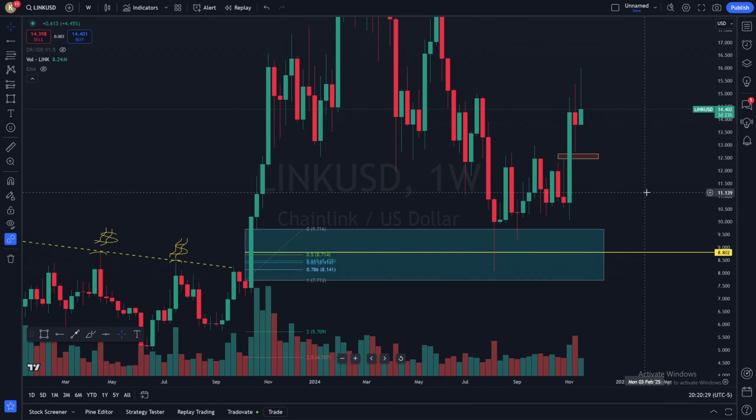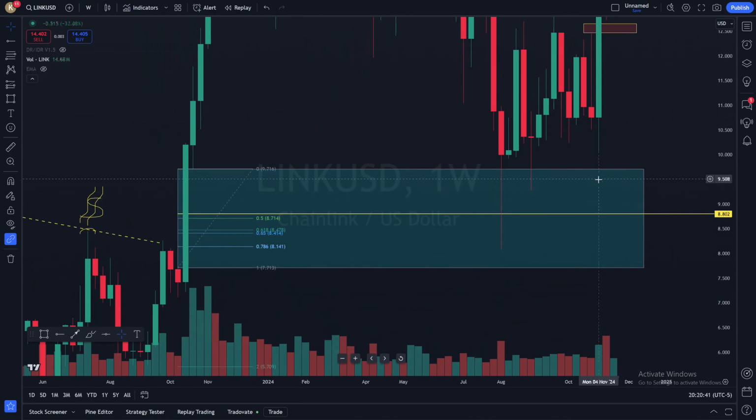Now, price grabbed the entries down here. We had a quick rejection from this zone. I talk a lot about this in the Discord in the mornings during our live session.